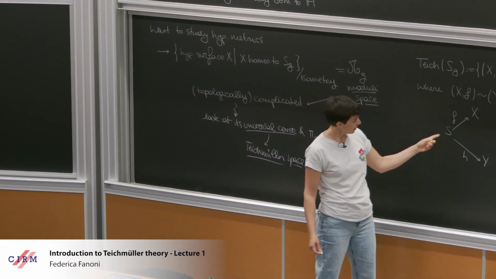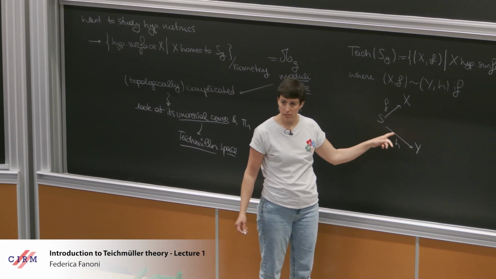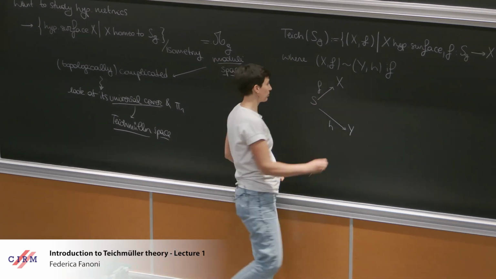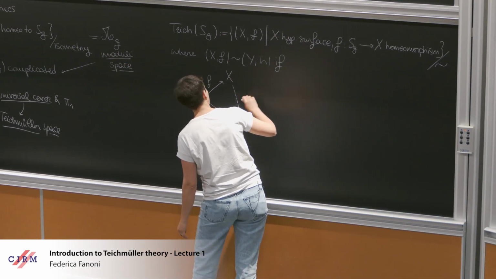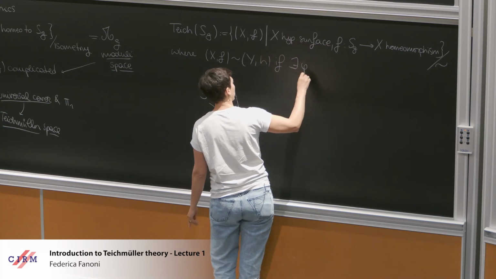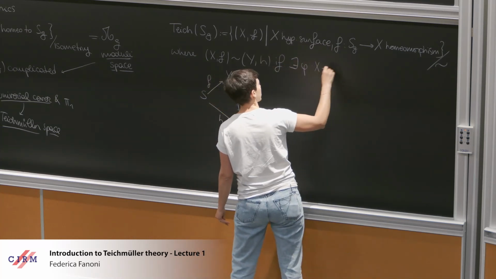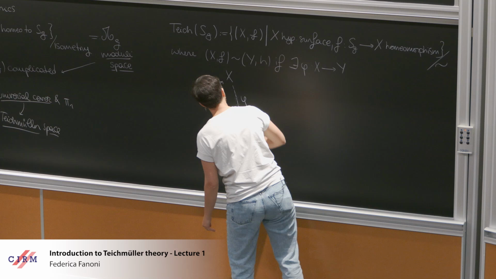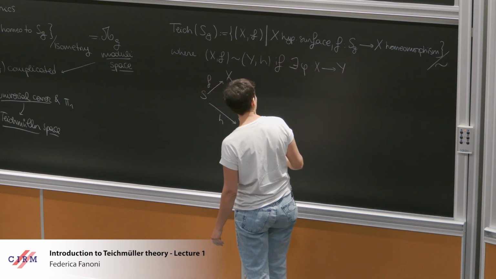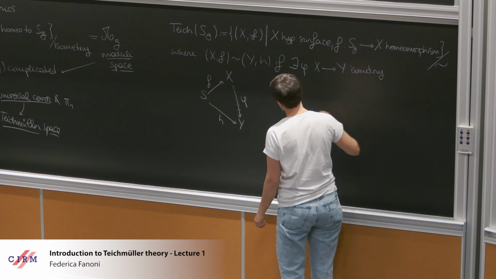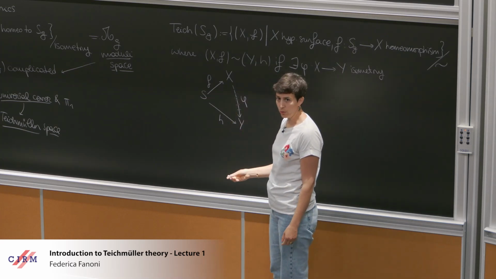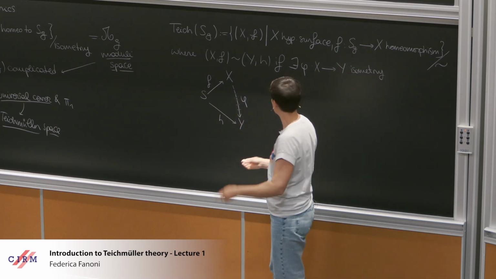What we require is that the isometry is in a specific homotopy class. So I require that there exists phi from X to Y, an isometry, which makes this diagram almost commute. It makes it commute up to homotopy.